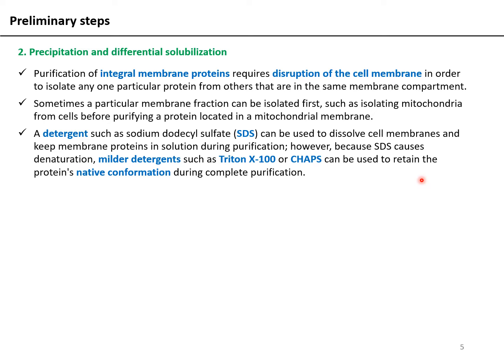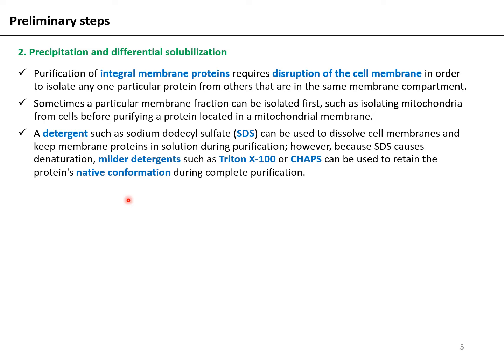So SDS is not used, and milder detergents like Triton X-100 or CHAPS can be used to retain the protein's native conformation during complete purification. Because if you're purifying a protein, you would either want to do some functional assays with it, or proceed to structural studies, or simply purify the protein to use it as a biopharmaceutical compound.